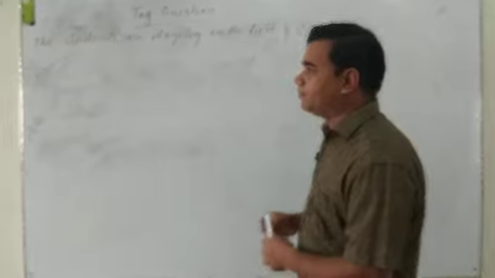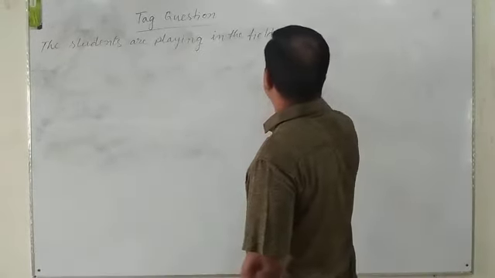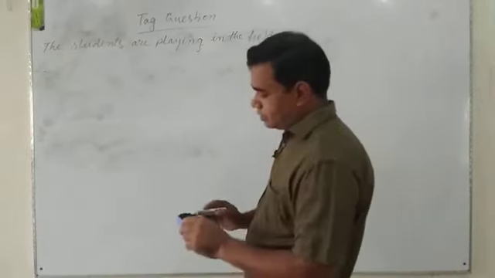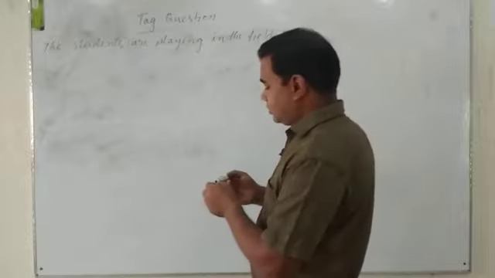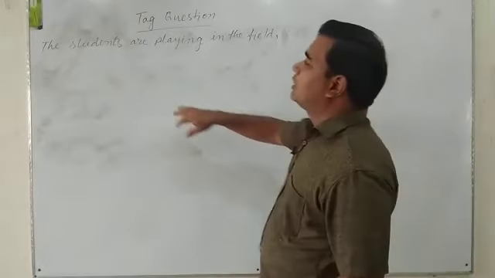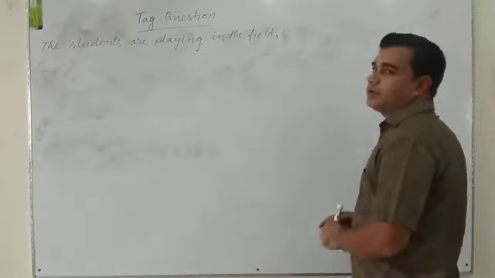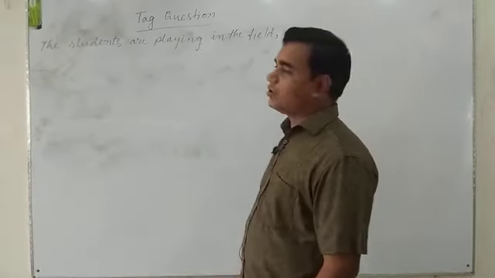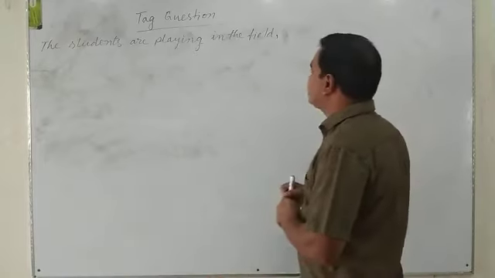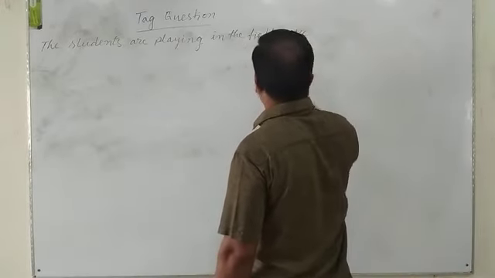We have to omit the full stop first, and then we will use a comma. After the comma, we have to use the given auxiliary verb. That means the auxiliary verb which is used in the sentence. The auxiliary verbs are also called the operator of the sentence. So we have to use the operator or auxiliary verb of the sentence. Here it is are.